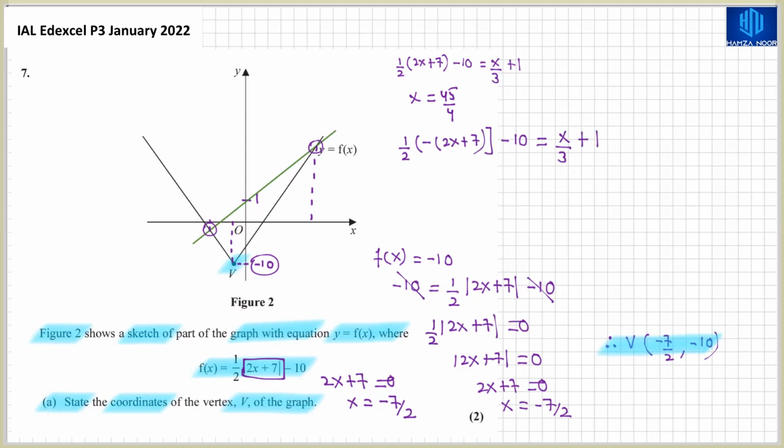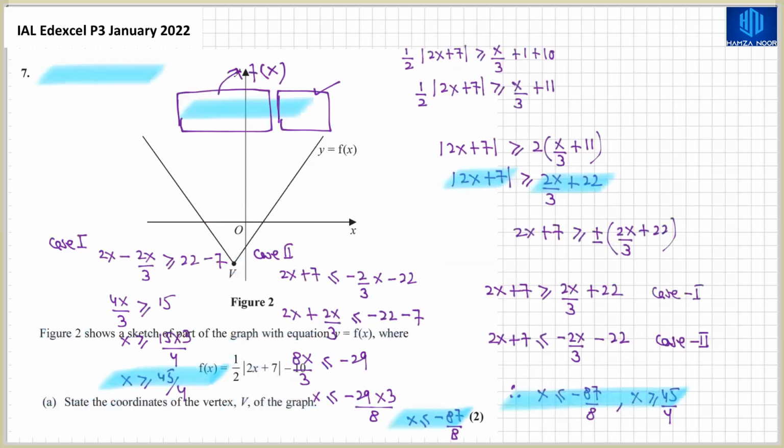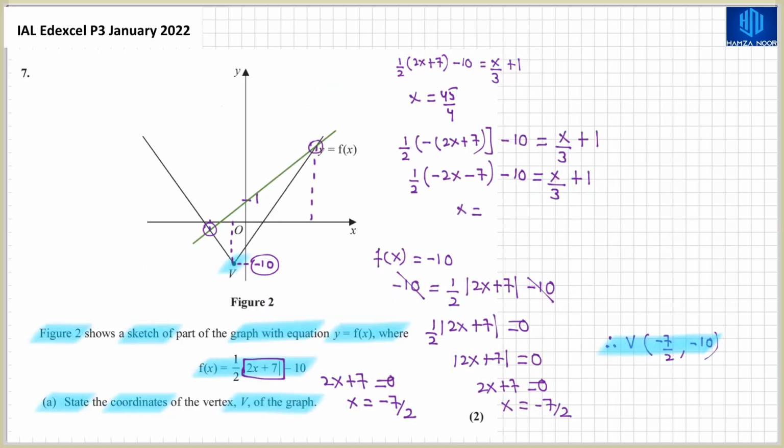So this will be half completely multiplied by minus 2x minus 7 and then minus 10, and this whole thing will be equals to x over 3 and then plus 1. When you solve this equation, you will get x is equals to minus 87 over 8. I'm not showing the complete steps. You will do it yourself. You will obtain x is equals to minus 87 over 8.